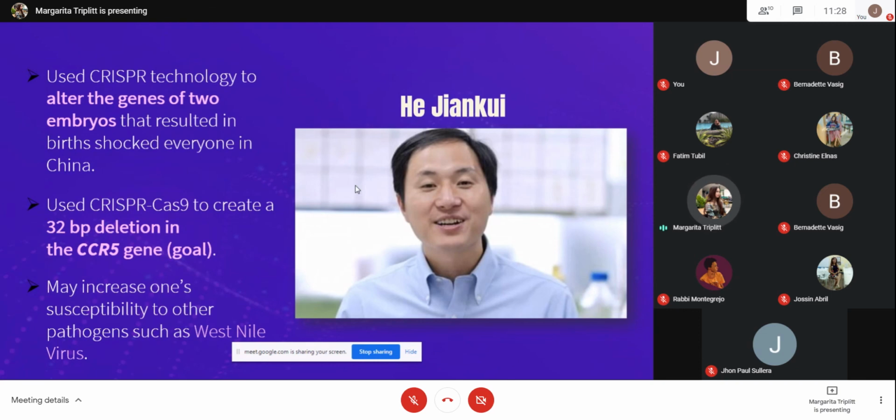So this particular Chinese biophysicist named Zhuangqi used CRISPR-Cas9 to create a 32 base pair deletion in the CCR5 gene. CCR5 gene is a genetic variant that confers an increase in resistance to HIV infection.